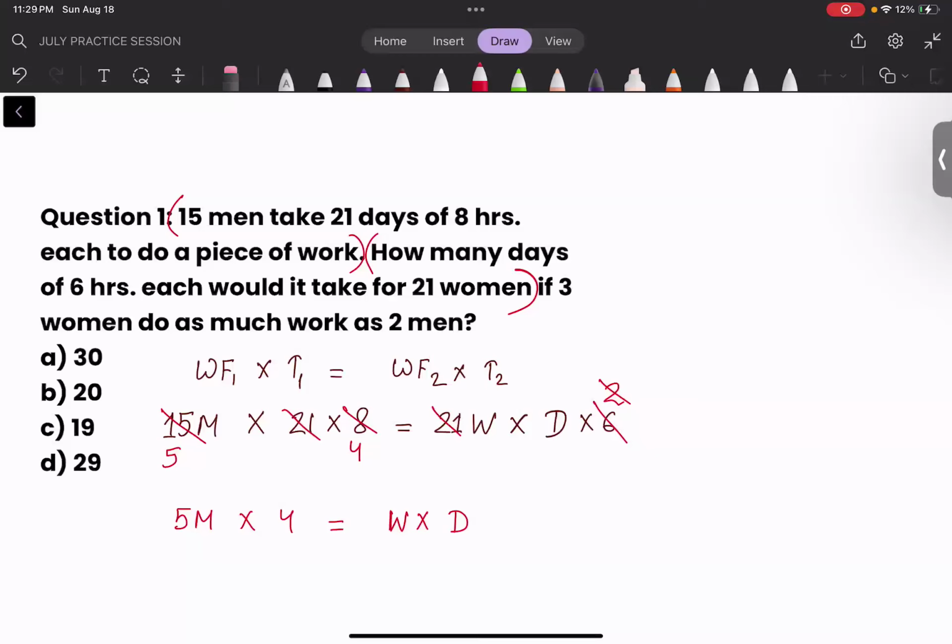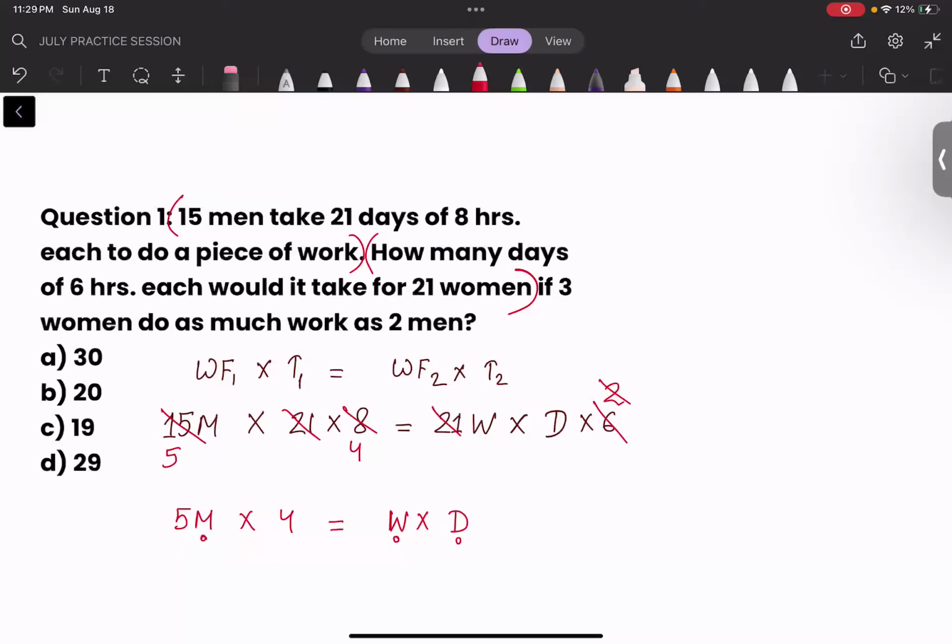Don't fear this equation. It is one equation, just like a linear equation, x plus 1 equals 5. Similarly, this also is a linear equation. In this linear equation, I have a few unknown values, which are M, W, and D. These are just like variables.